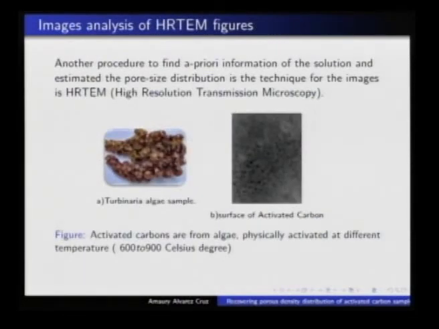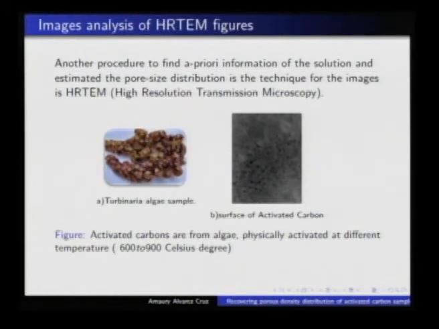In Guadalupe, they obtain activated carbon from some marine algae, like this Turbinaria alga. They obtained a carbon activated from this alga, and he obtained the picture of the surface using the method of high resolution transmission microscopy, and this is a sample of the picture where the black holes represent the pores in the surface.